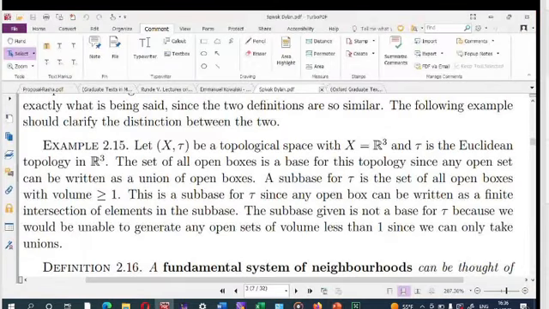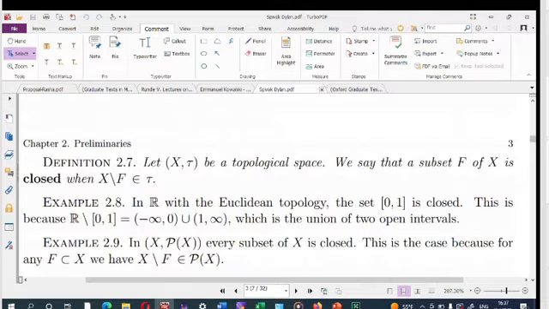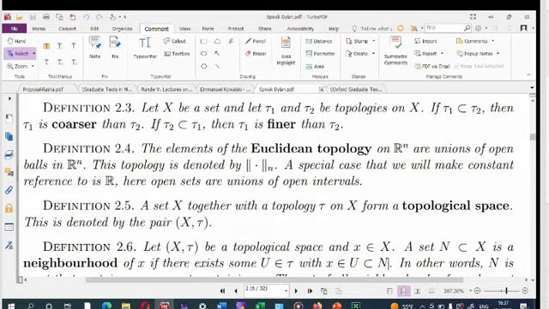The set of all open boxes is a base for this topology since any open set is written as a union of open boxes. We know this. This is the definition of Euclidean topology, okay? It is very important.